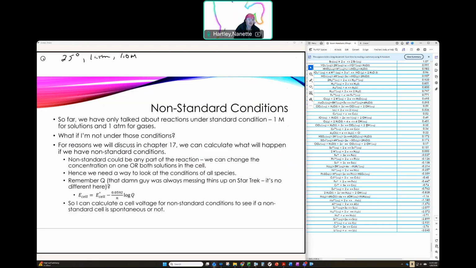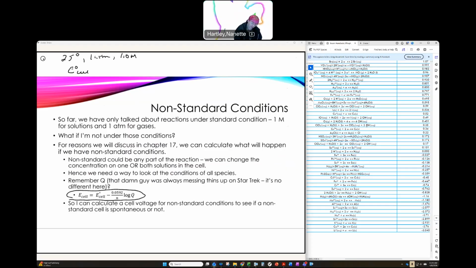So we can calculate that standard cell potential, the E naught cell, using the values in the table. And then we can do a correction for that based on a couple of things. One, concentrations are not the same.